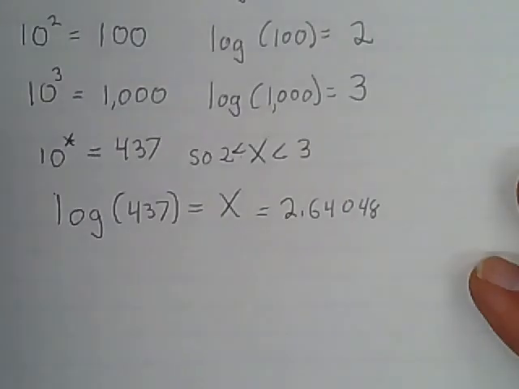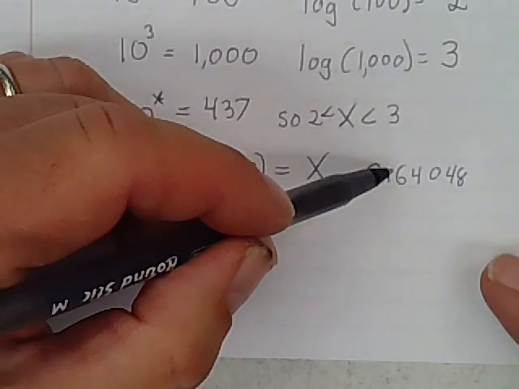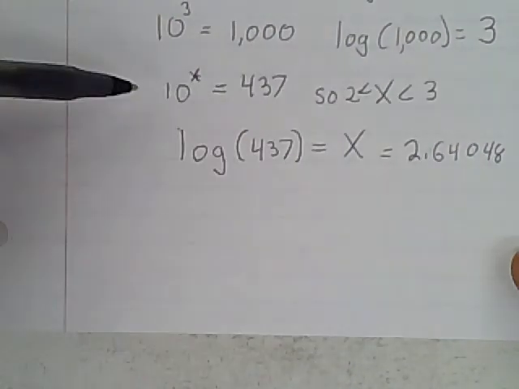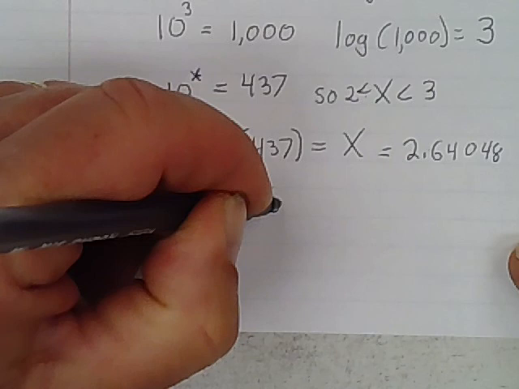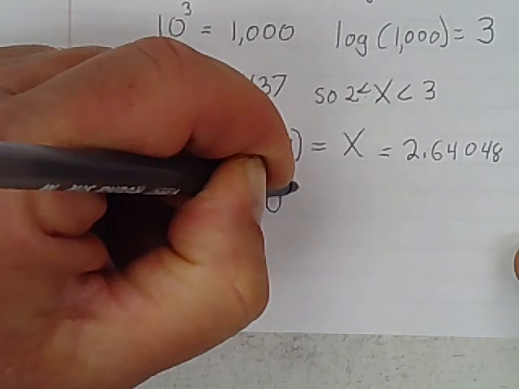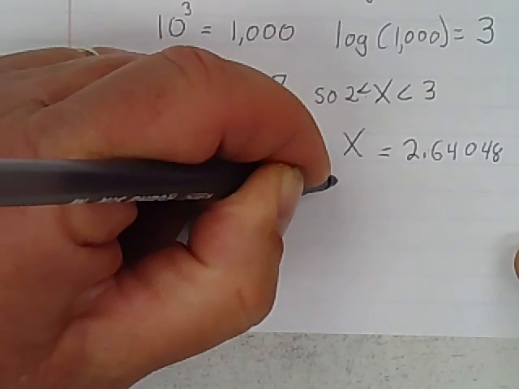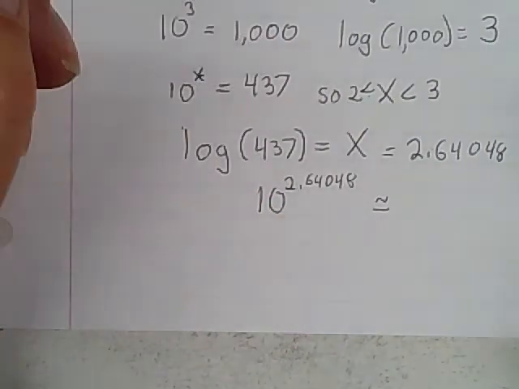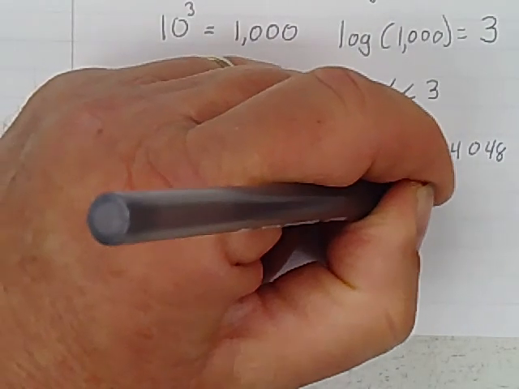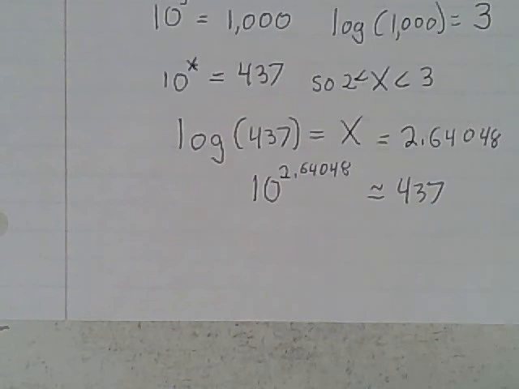My claim to you is that this value of x is the log of 437. And that means if I go 10 raised to the power of 2.64048, that number is going to be approximately 437. I say approximately because I didn't write out all those digits.